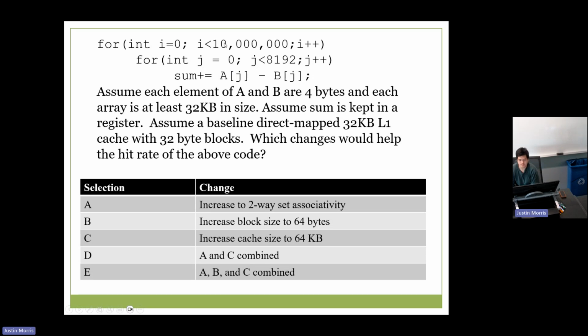So the first iteration of these, when I is 0, are all compulsory. But if the cache is 32 kilobytes, when I is 1, I have all capacity misses, because I've seen all of these memory references before. The only reason they're not there is because my cache is too small. And they're not conflict misses because I've accessed enough data to fill the cache in between.